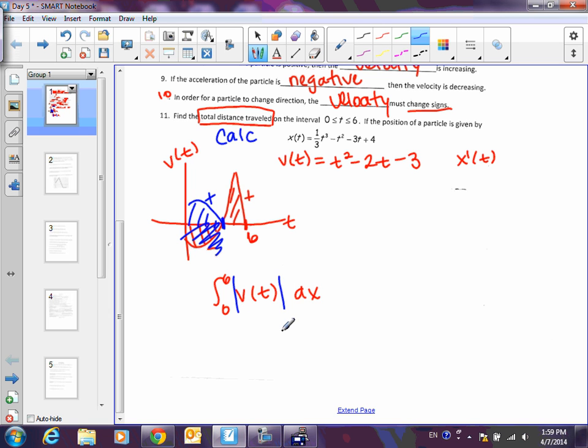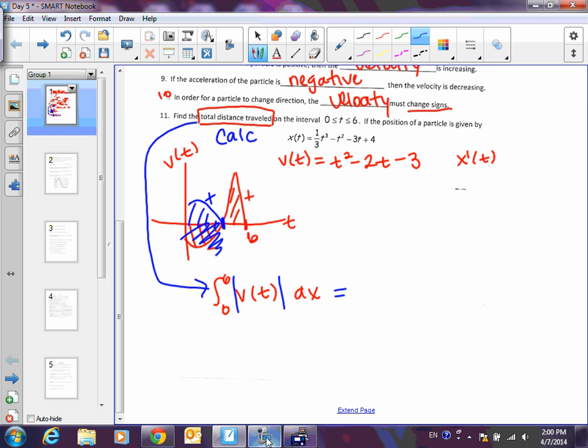We have done this before on after parties. So total distance traveled is just integrating the absolute value of the velocity. If you just want to know how far you are from where you started, you don't need the absolute value. That's an easier problem.